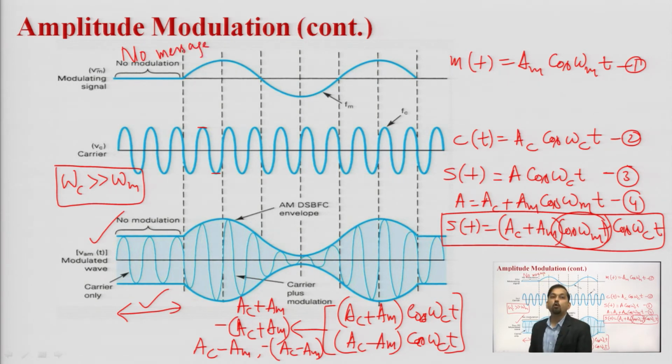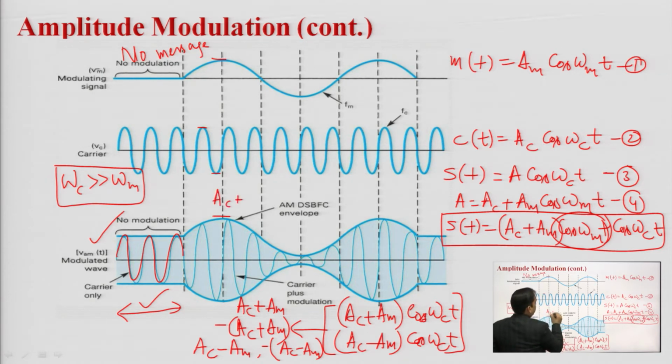So when there is no message, in the waveform we achieve only the carrier, something like this. At the point where the message is maximum, we achieve the maximum value, which is Ac plus Am. After that, we achieve Ac minus Am, and similarly minus of Ac plus Am and minus of Ac minus Am. These are called the envelopes.